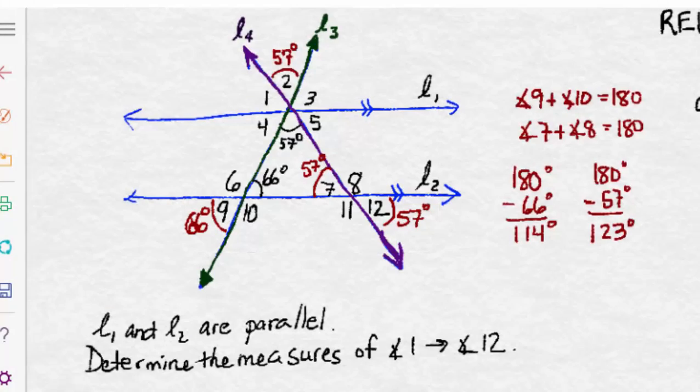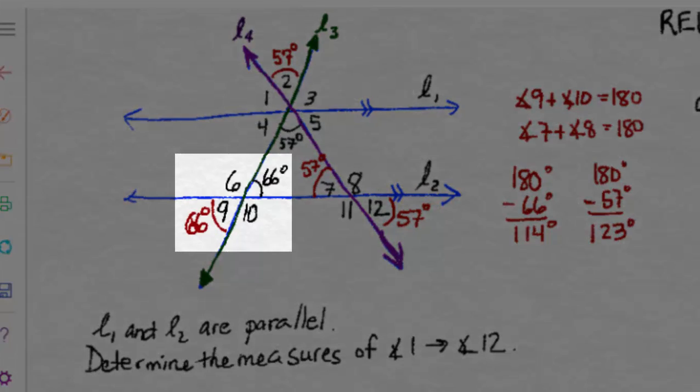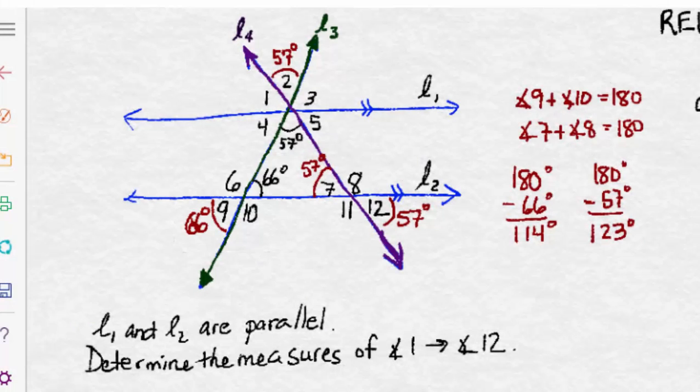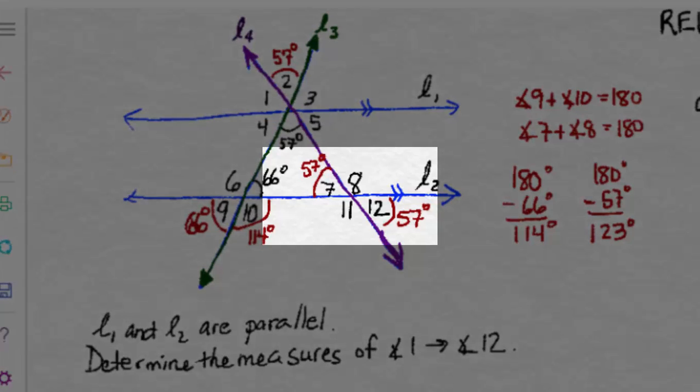Also notice that angles 9 and 10 are supplementary. They add up to 180 degrees. Subtracting 180 minus 66 degrees, the measure of angle 9, we see that angle 10 must be 114 degrees. And similarly, angle 7 and angle 8 are also supplementary.